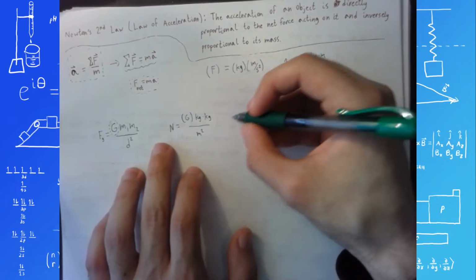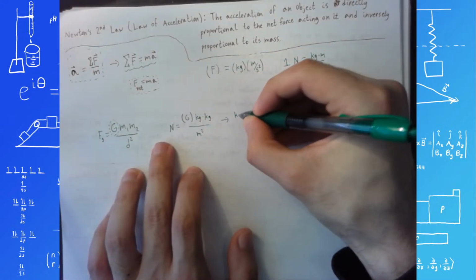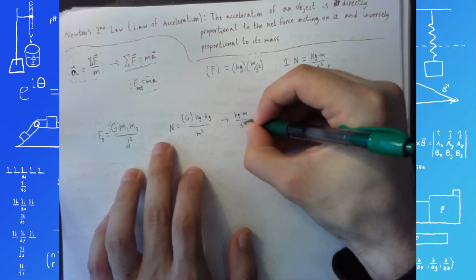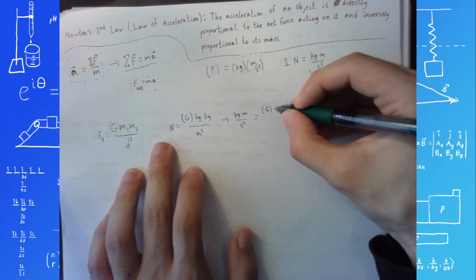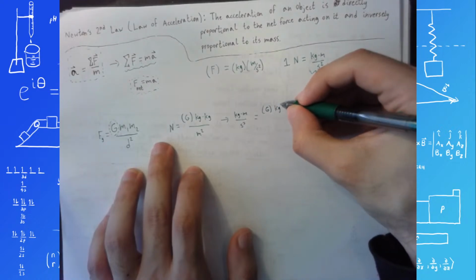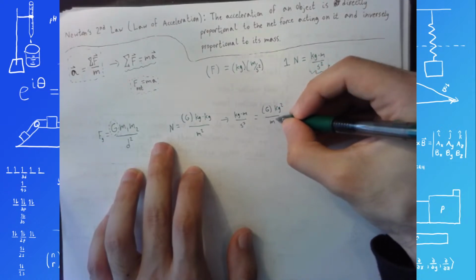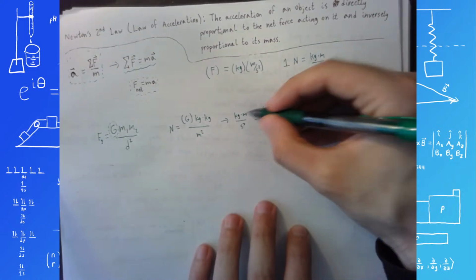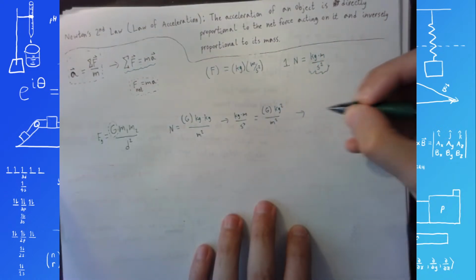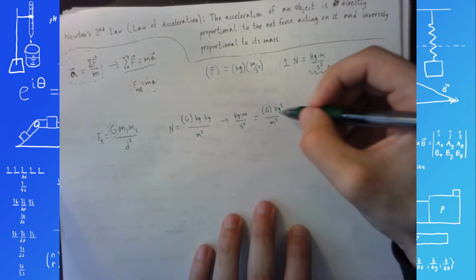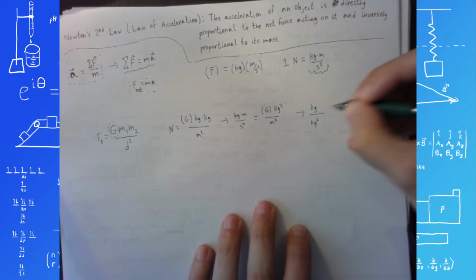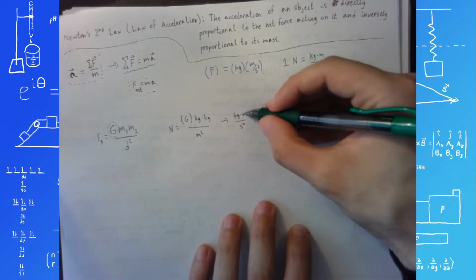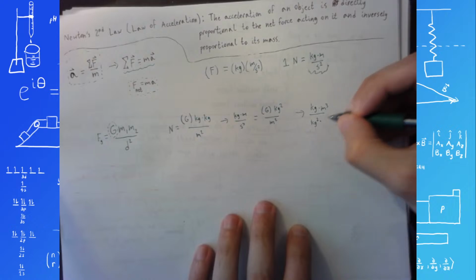And once you do that, you go, let's see, newtons, so kilogram meters per second squared equals whatever the units of G are, times, I guess that's going to be kilograms squared over meters squared, and then you multiply the meters squared and divide by kilograms squared, and you get kilograms over kilograms squared, and then meters squared times the meters I already had becomes meters cubed, and then you still have the seconds squared.